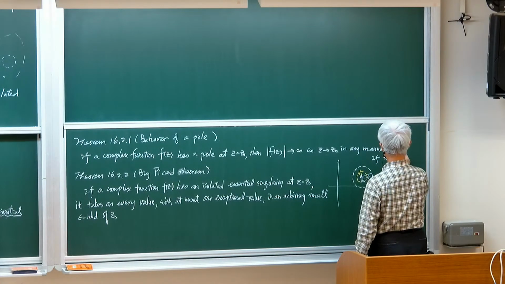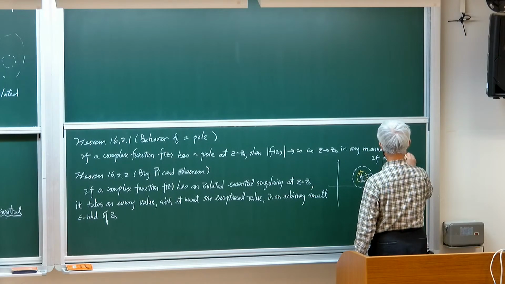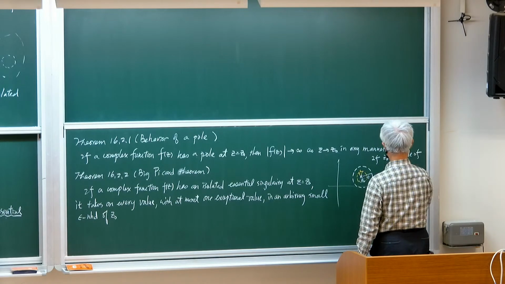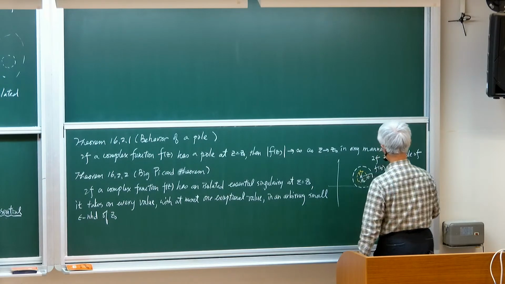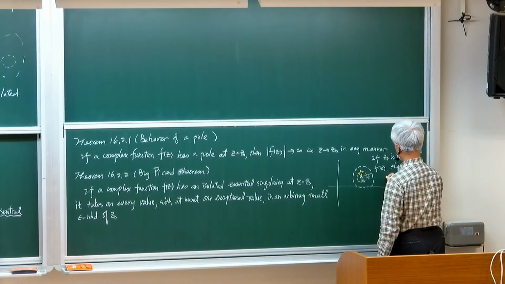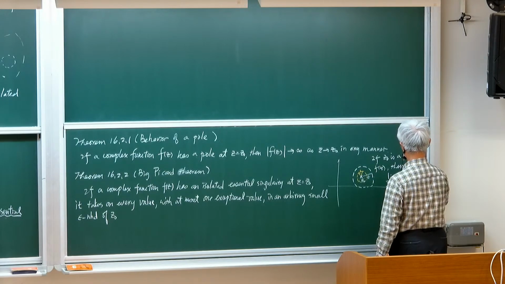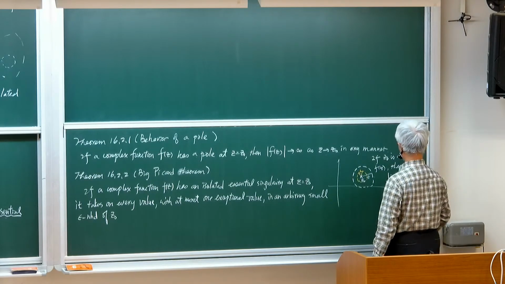So for the behavior, if z0 is a pole of f of z, then when z goes to z0, f goes to infinity.